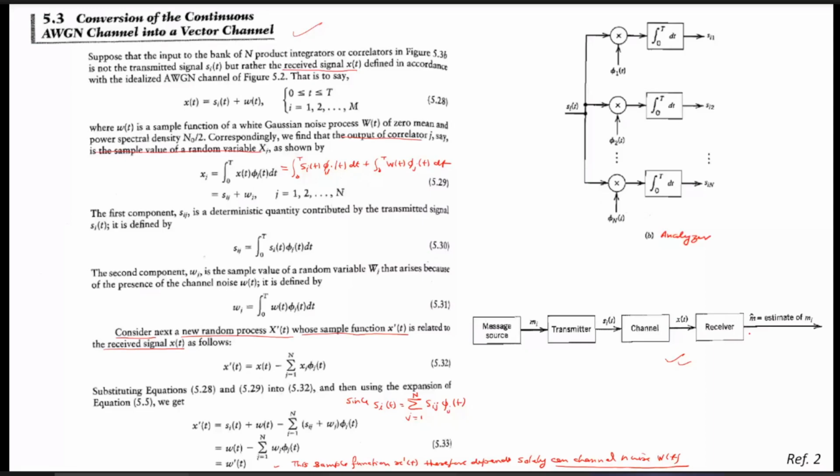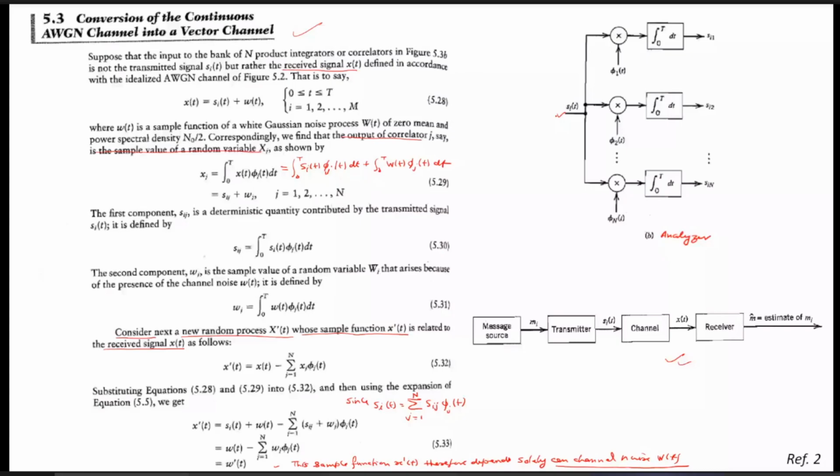If we do not consider the effect of noise in the channel, then s_i(t) will be received at the receiver, and we have seen the block diagram called the analyzer. From this s_i(t) we can calculate the various coefficients like s_i1, s_i2, s_iN. You know that this s_ij is nothing but the integration of s_i(t) multiplied by phi_j(t).